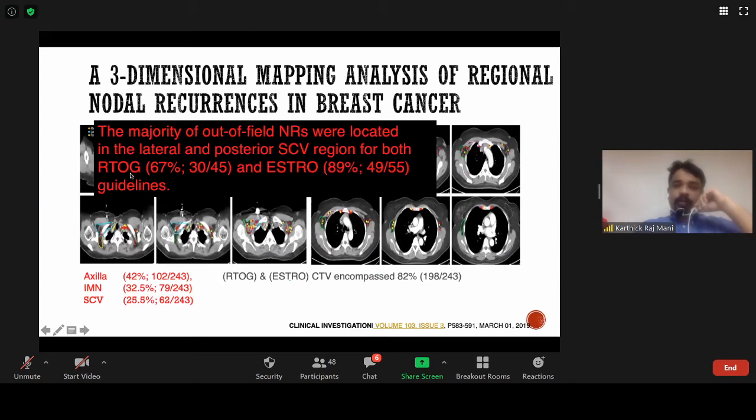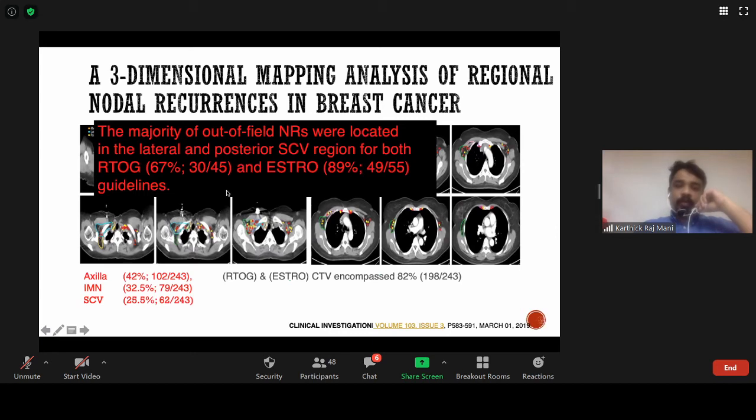So even if you follow the RTOG or the ISRO guidelines, there is still a chance of missing. The reason they quoted was daily setup movements and not enough margins. This may be the real picture: most of the time we give an underdose towards the posterior part of the axilla, and towards the lateral margin also.